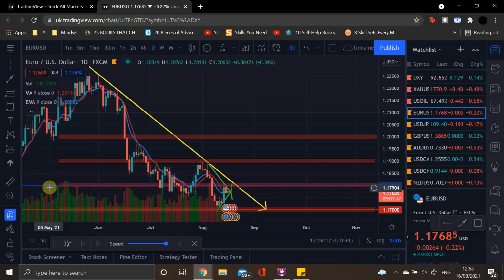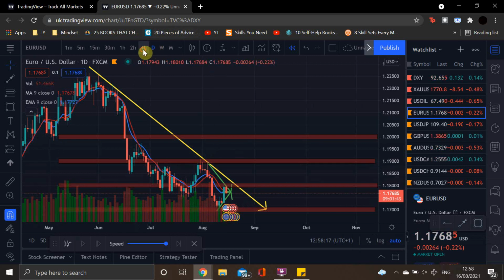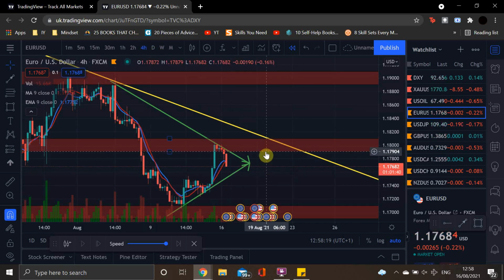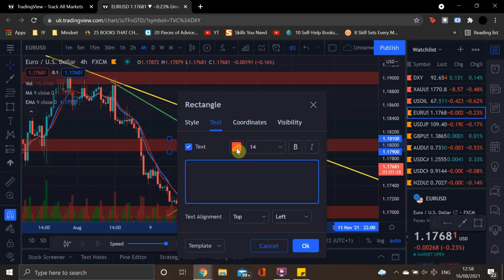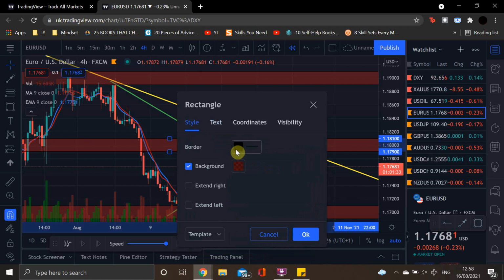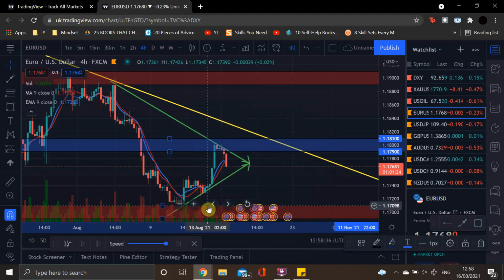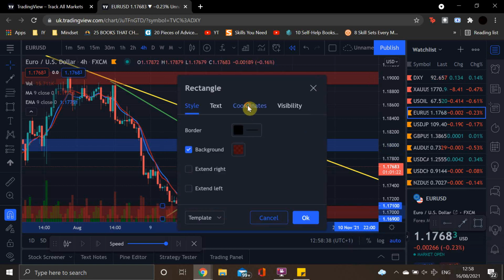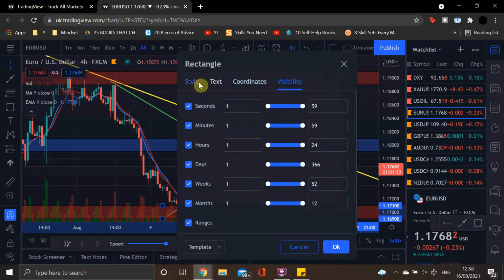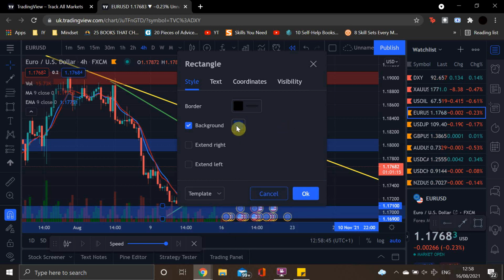So we're going to remove these lines. Make them blue, because what the hell is this? Okay, blue.